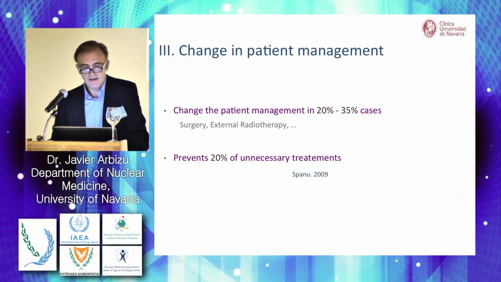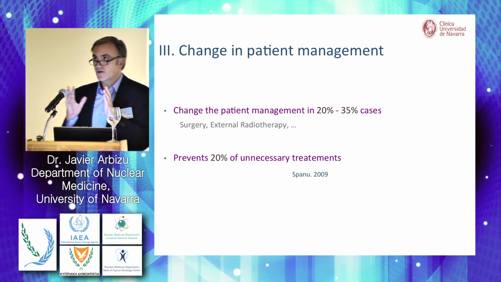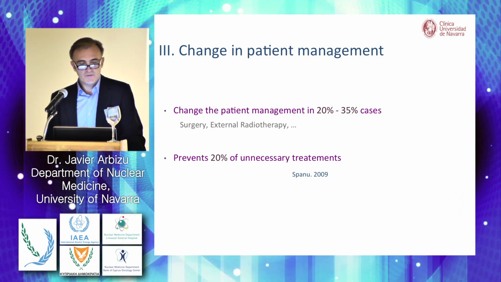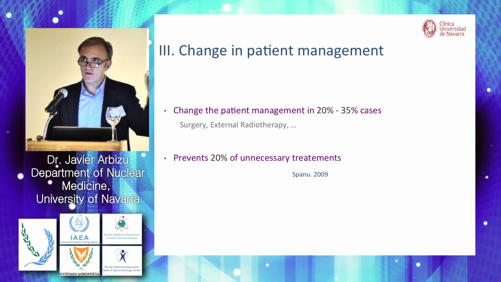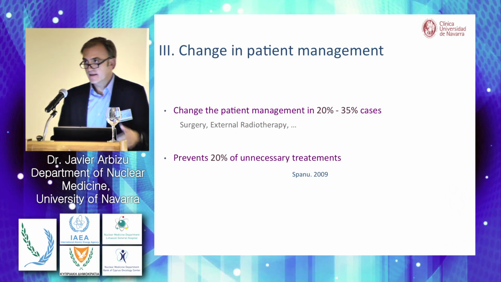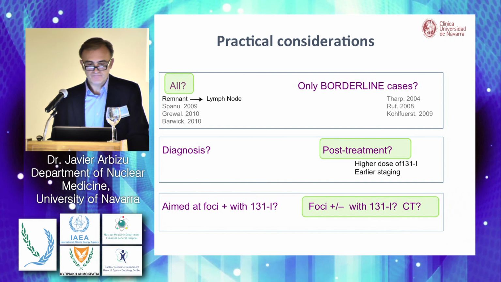The change has been determined in about 20–30% of the cases, which is not very high, but it's important for these patients, and it prevents, as I mentioned before, 20% unnecessary treatments after looking at the physiological deposit uptake in some areas, that is a negative scan finally, so we are avoiding some unnecessary treatments.